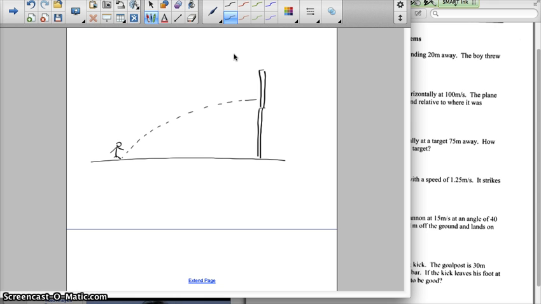So that would be the goalpost. And the ball has to clear this 3.3 meter post in order to be good. So that's 3.3 meters there. Okay. So we've got our displacement vector, looks like that.